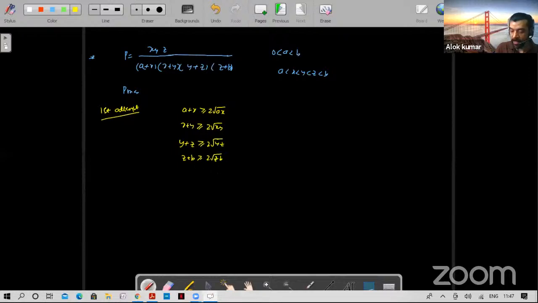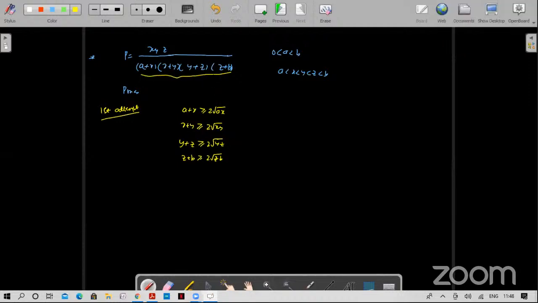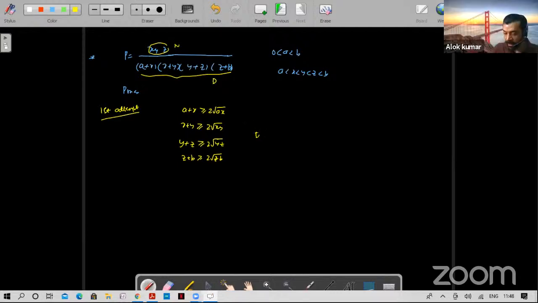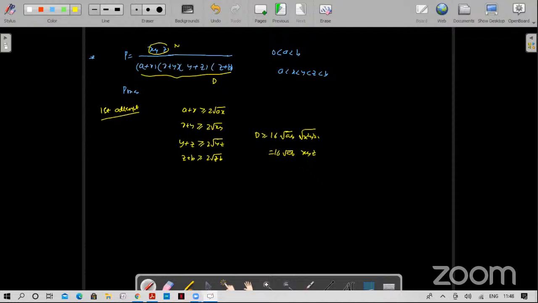And if they write this and multiply all of them, let's call this denominator D and this numerator, for instance, I get D greater than or equal to 16, which I don't care much about, the square root of AB, and then I get the square root of x y z, so it's x squared y squared z squared, and so I get 16 root AB and xyz. This I get. Of course, things are all positive.